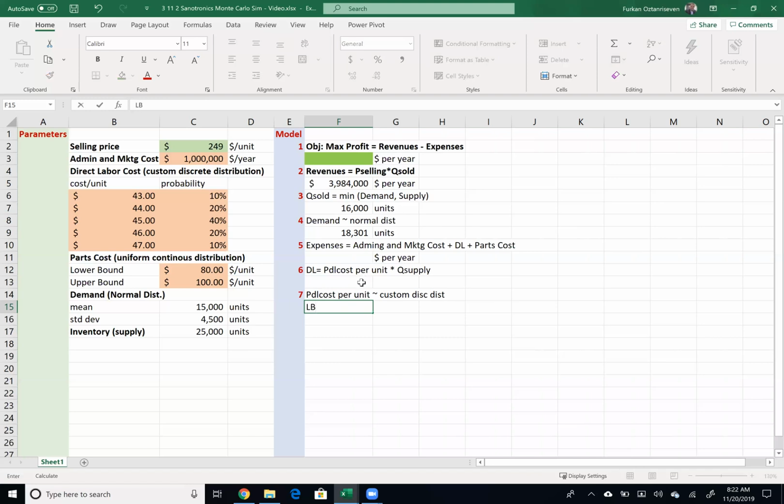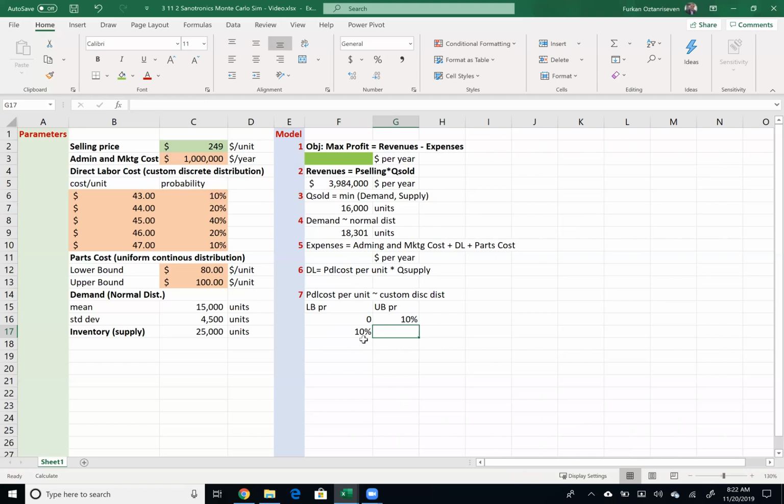My lower bound will be starting with 0, and then my upper bound will always be the lower bound plus the corresponding probability. My other lower bounds will be the previous upper bound, so that when I generate a random number, I can make sure that random number fits within one of those brackets or bins.